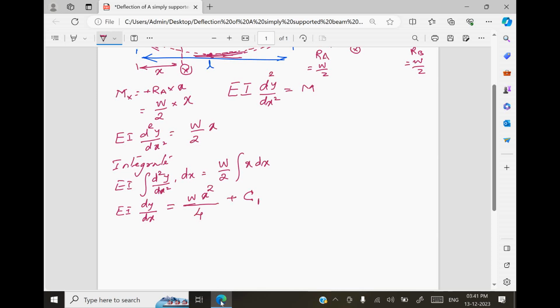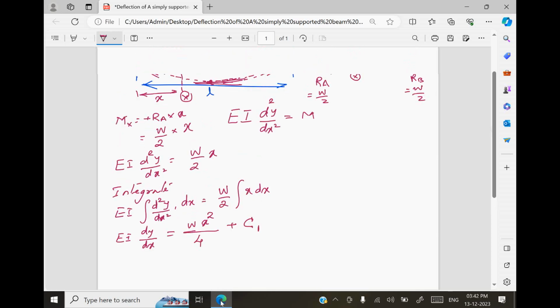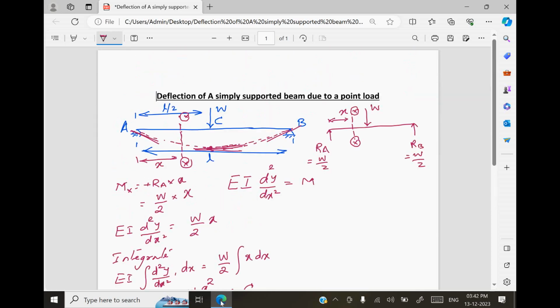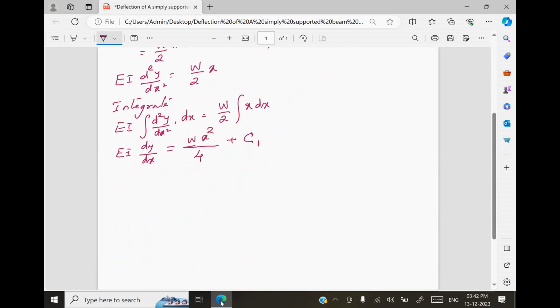Fine. Now, if I want to find C1, what should I do? I should apply the boundary conditions. If I go up and see, the slope is 0 at this point, at point C. It is at a distance of x equal to L by 2. I can simply say at x is equal to L by 2, dy by dx is equal to 0.